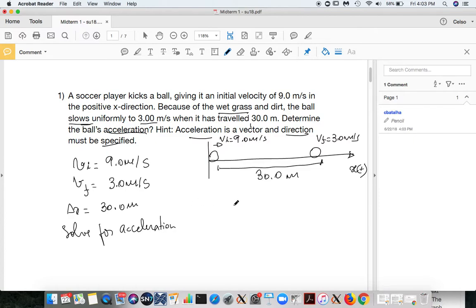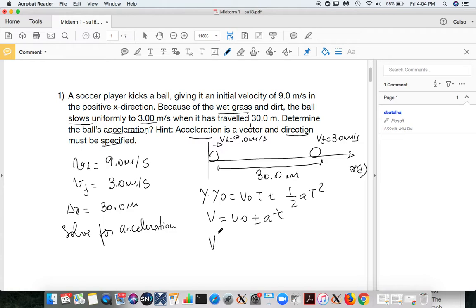So out of the three equations of motion we are studying, y minus y naught is equal to v naught t plus or minus half a t squared. The other one is v is equal to v naught plus or minus a t, depending on if you have an acceleration or deceleration process.